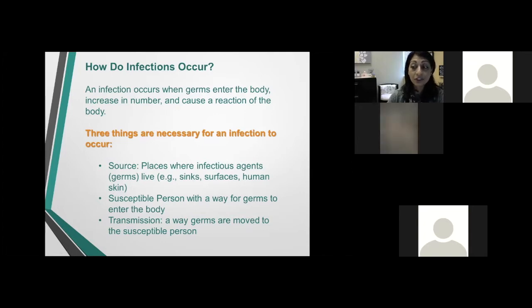And then the transmission, and that is the way for the germs to be moved into that person. That can be through not washing your hands. It could be on your food. It could be on the plate that it was served on. It could be that we rub our hands on our faces, we shake hands, and we don't think to wash our hands or sanitize our hands, although during this pandemic, I'm sure that has changed quite considerably.